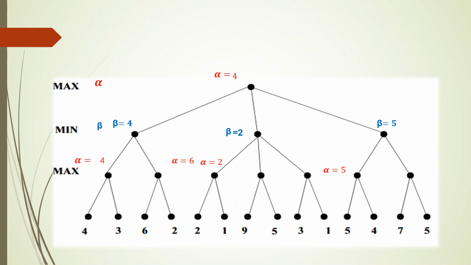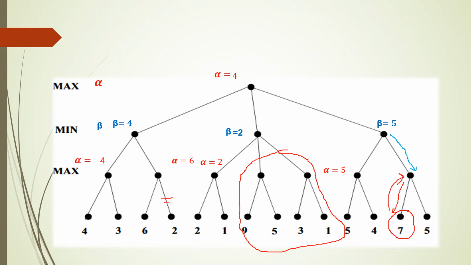Now these nodes and these nodes have been pruned. Now we are here, so beta will look down into the node. Now again this node which belongs to max will look down, so here it will find value 5, value 7, and it will get here value 7.